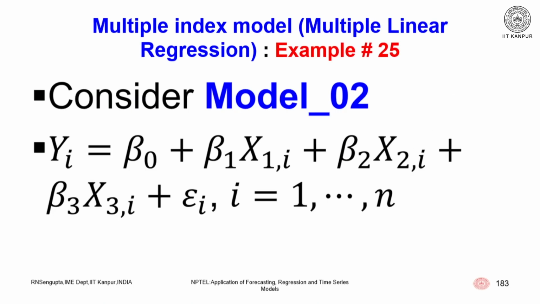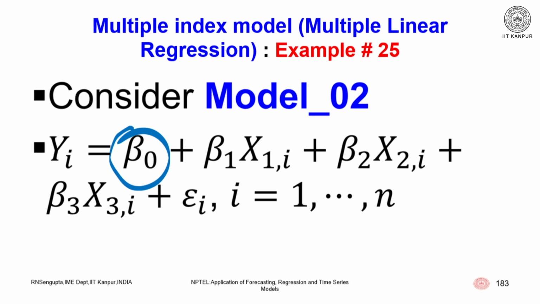Now, model 2 and model 1 differ in that we have beta naught, the intercept. Initially in model 1 it was not there. X1, X2, X3 remain the same, and the number of readings, if you remember, was 1 to n, which is 99. The data was taken for February, March, April, May, June 2025, per day closing price.